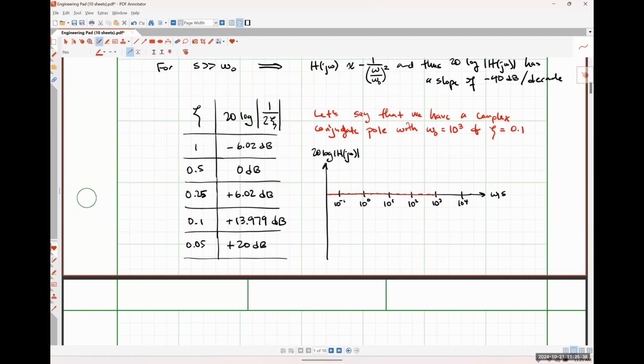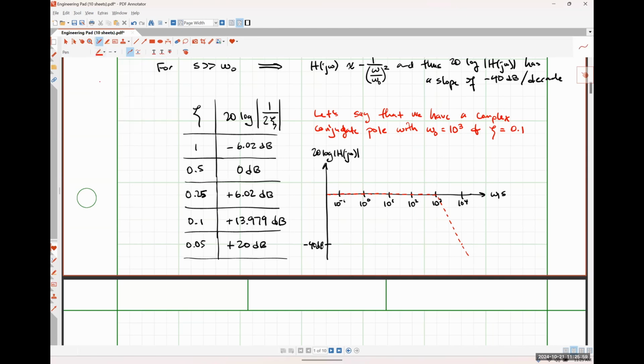So that's my straight line approximation for omega is less than omega naught. Then I'm gonna have my straight line approximation for omega is greater than omega naught, where this point right here corresponds to negative 40 dB.